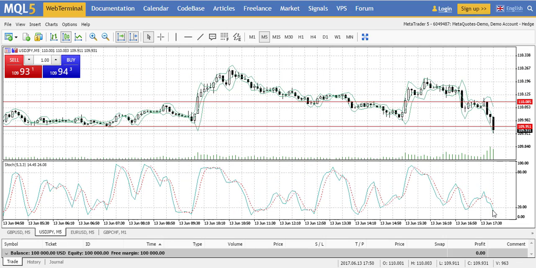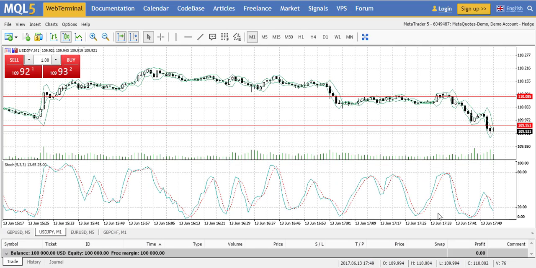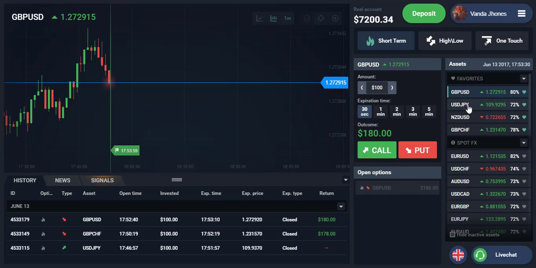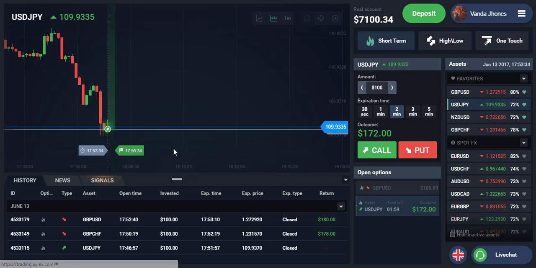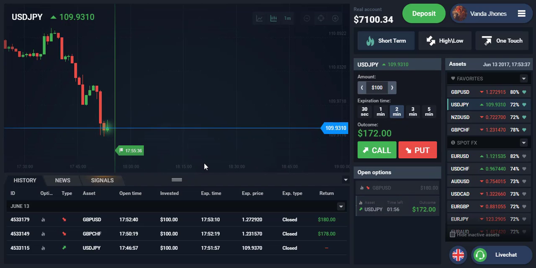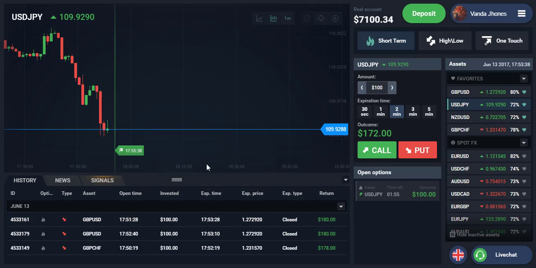And we'll go and see what we have in other pairs. So in here again, we can see the oversold areas. So it is telling us to start investing in call. Yep, it's the USD JPY. Hurry up and call. Why 2 minutes though? Because, well, I don't really want to wait for 5 minutes.